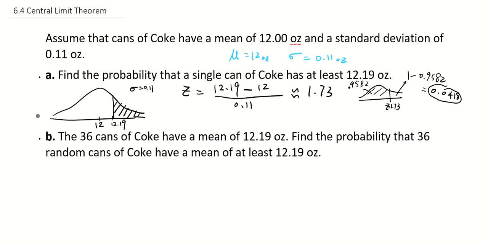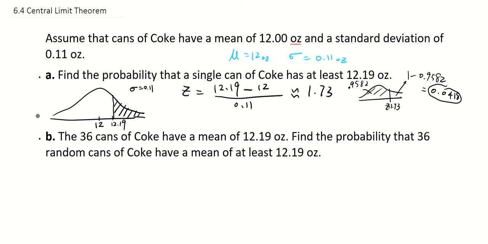So now let's look at the B part. The 36 cans of Coke have a mean of 12.19. Find the probability that 36 random cans of Coke have a mean of at least 12.19 ounces. We're not dealing with a single can anymore.